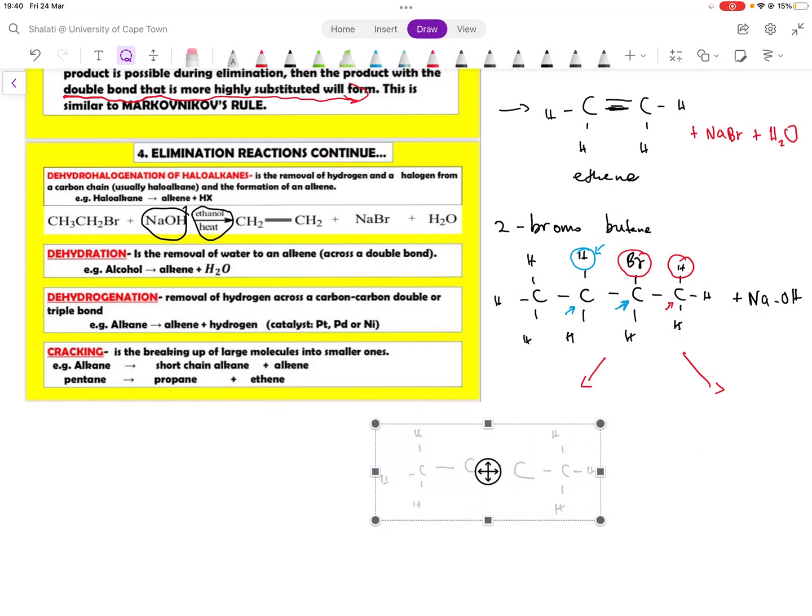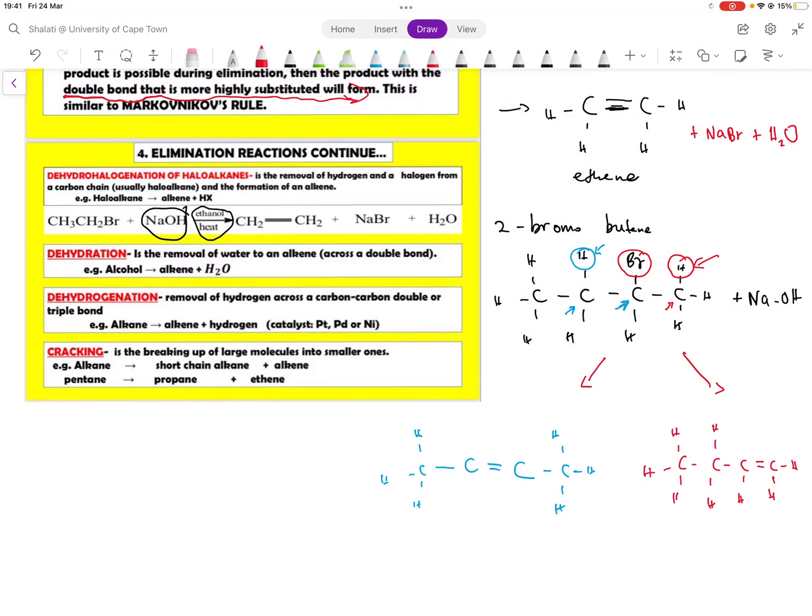Then let's look at the second possibility. Again I have 4 carbons, but in this case I extract from the first one, so the double bond will be here, the bromine is gone, and I leave everything else as it is.